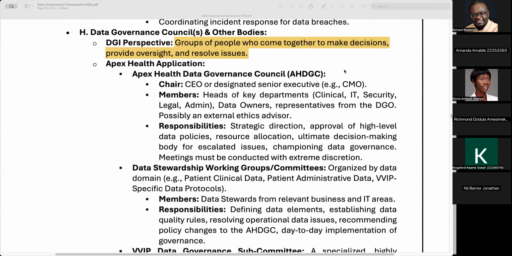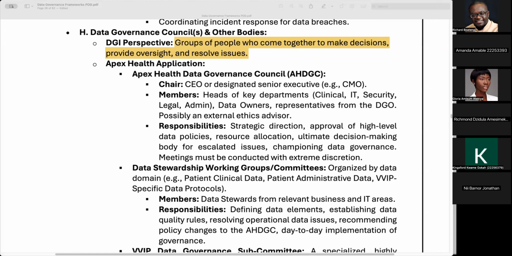Below that, you might have data stewardship working groups, perhaps organized by major data domains like clinical records, financials, etc. These groups, composed primarily of data stewards from those areas, would tackle day-to-day operational issues, define specific data elements and quality rules for their domain, make recommendations for policy updates based on practical experience, and ensure coordination at the operational level.